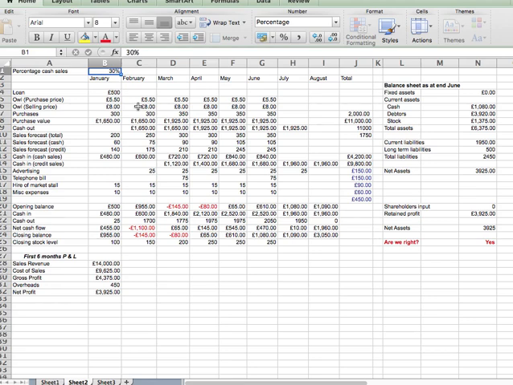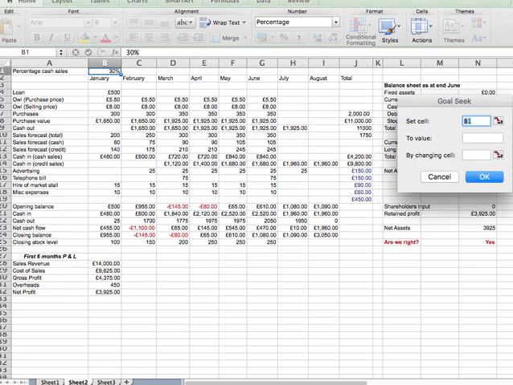So what does the percentage cash sales have to be to correct the negative cash balance? And for this, I'm going to use one of Excel's more useful tools, which is GoalSeek. I'm going to call up GoalSeek.